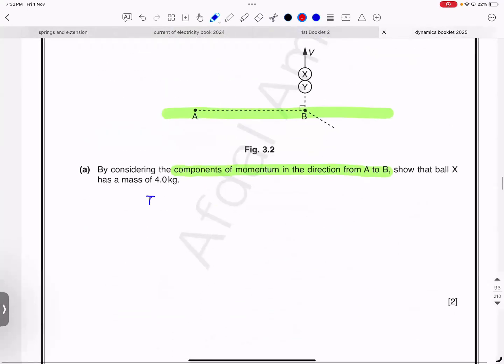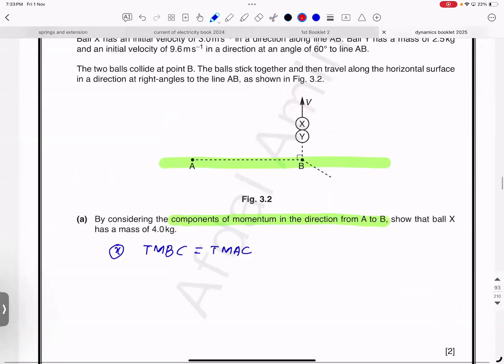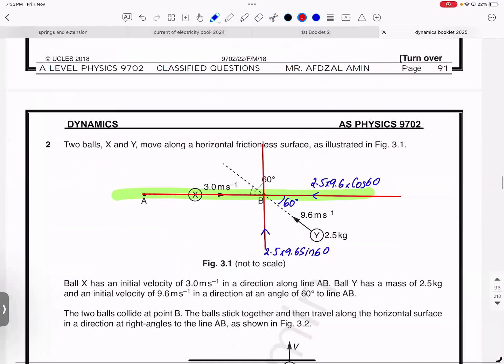So we say total momentum before collision equals total momentum after collision, in X direction. Before collision, the mass of X, they did not say, so you say M, okay?